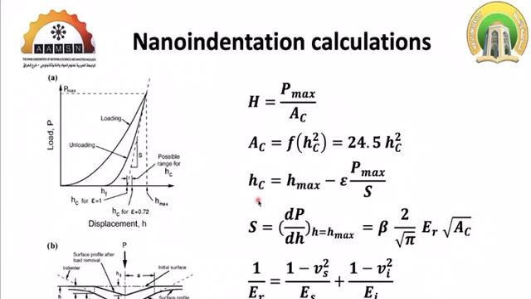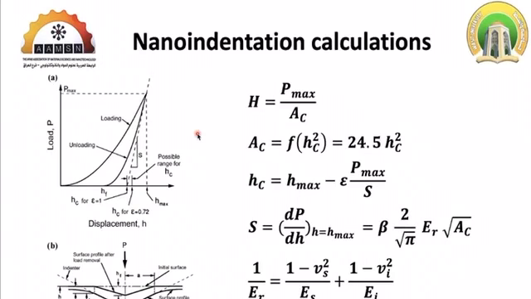I'm talking about the procedure of getting the mechanical properties from the results of nanoindentation. S is the first to be found from the load displacement curve.